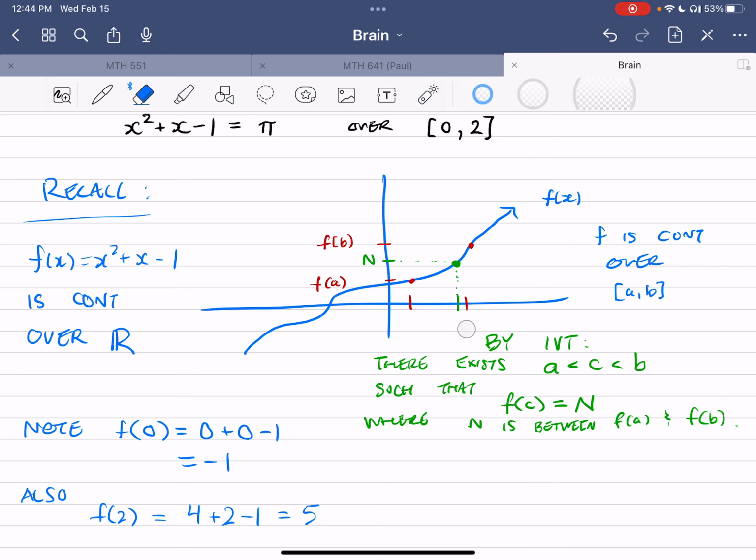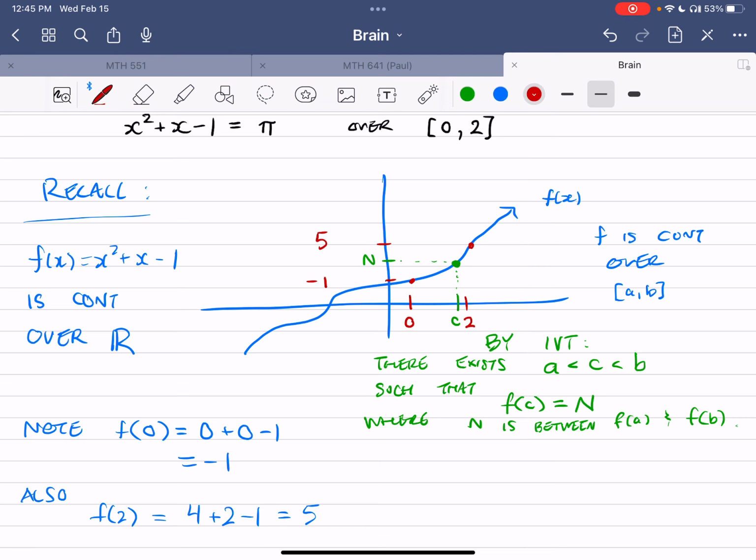So our goal is to ensure that this C value exists. But we've just found that A is 0, B is 2. Then when we plug in 0, we get negative 1. Picture is totally not to scale, but that's all right. Negative is usually below the x-axis, but negative 1. And then when we plug in 2, we get 5.